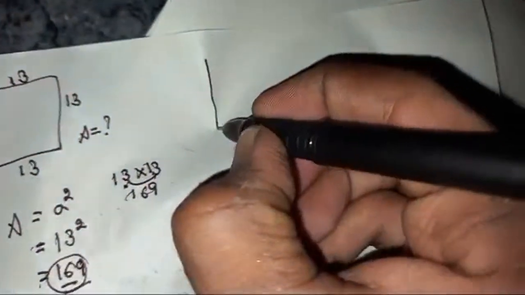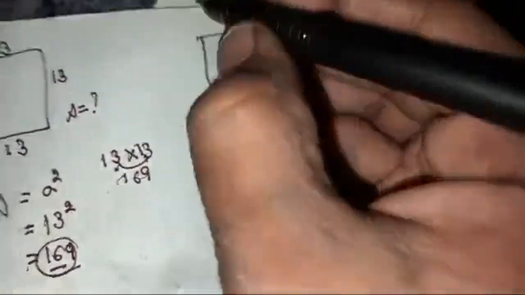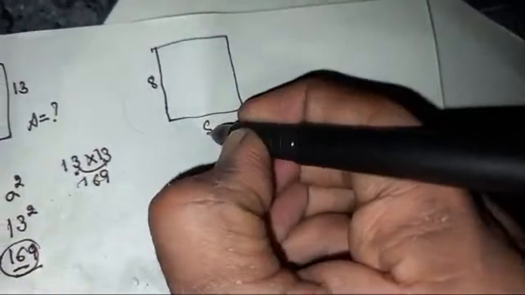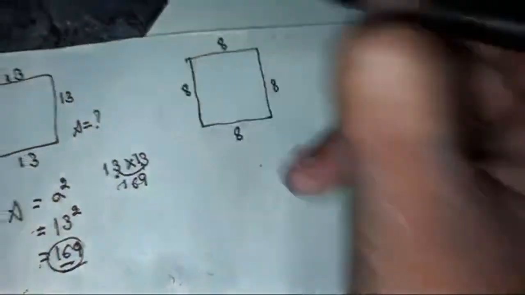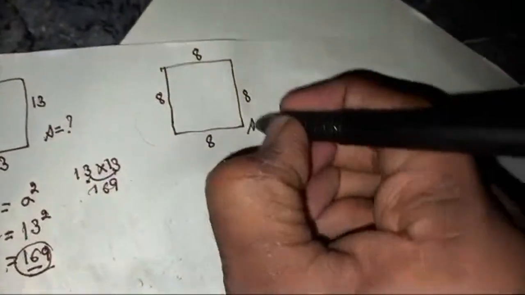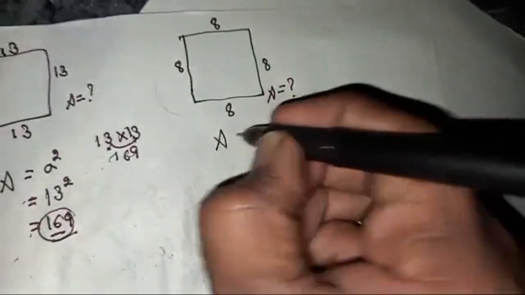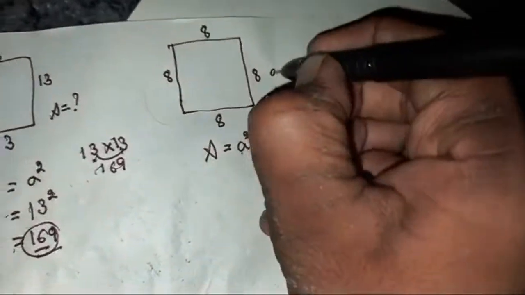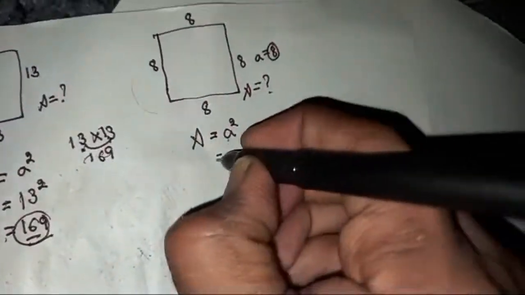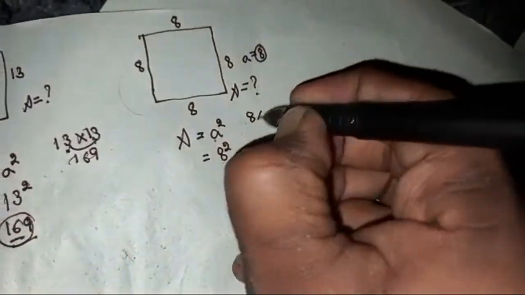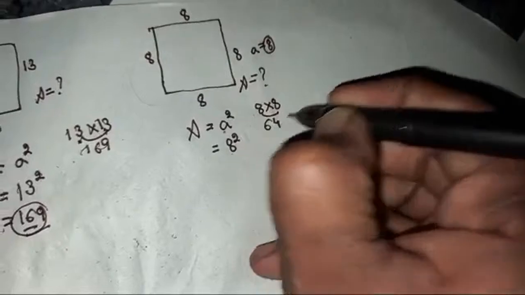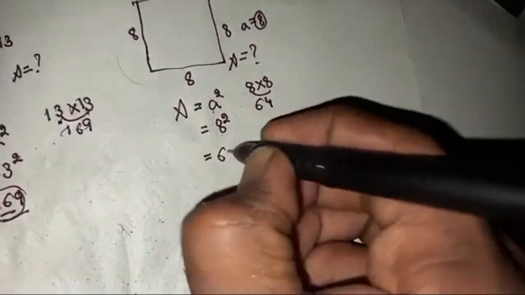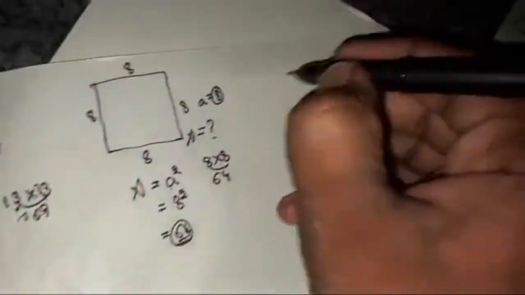Now let's take one more square. Here they have given all sides as 8 units. Now let's find out what's the area. Area equals a square. Area is 8 units, so it's going to become 8 square. 8 times 8 is 64. So it is 64 square units.